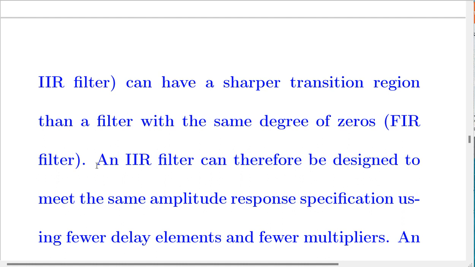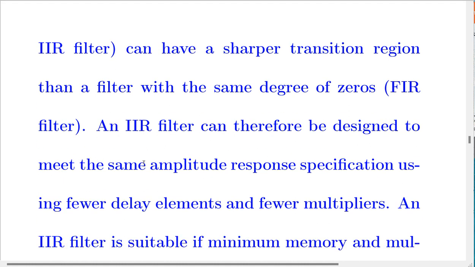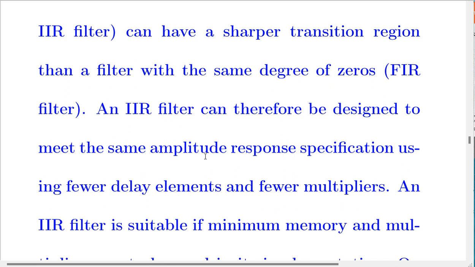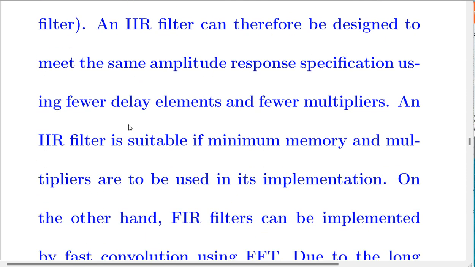Okay? An IIR filter can therefore be designed to meet the same amplitude response specification using fewer delay elements and fewer multipliers. An IIR filter is suitable if minimum memory and multipliers are to be used in its implementation.